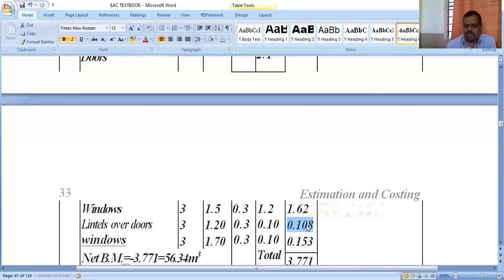In the same way, we have to calculate the quantity of lintel over the windows. We have completed the doors. Now for the windows, how many windows are there? There are 3 windows. Now how do we calculate the actual length of the windows? I will write here for your convenience.